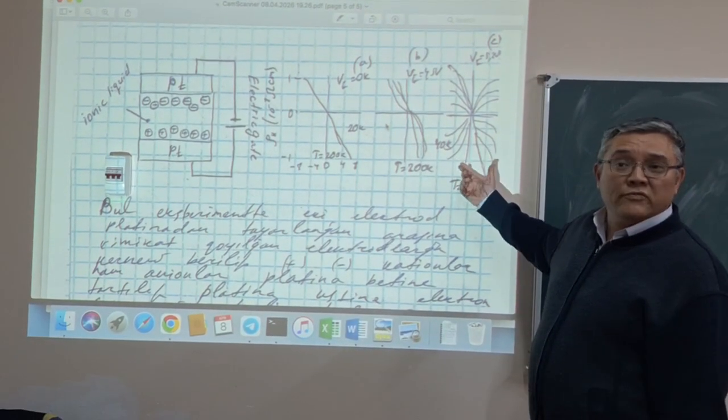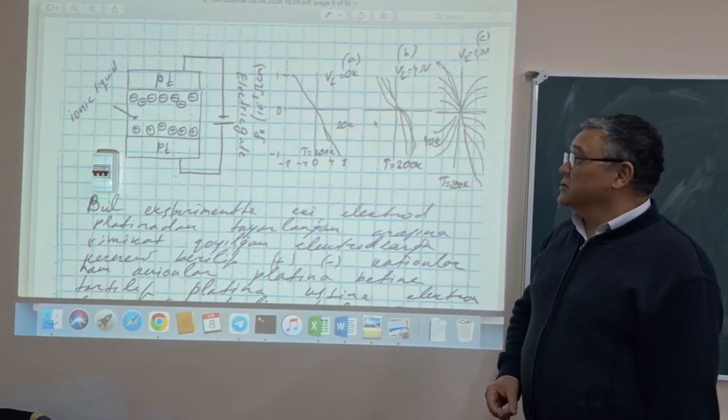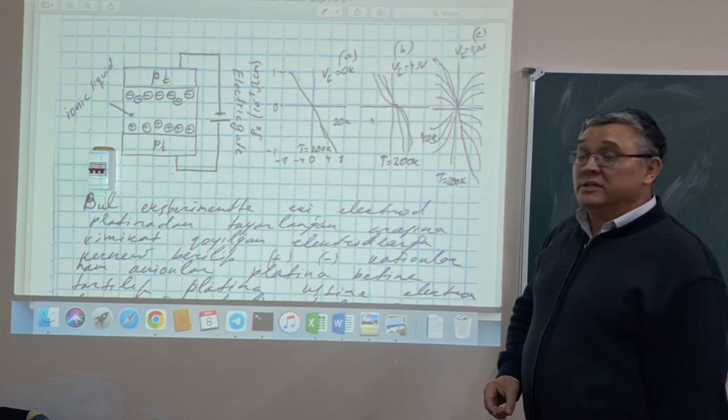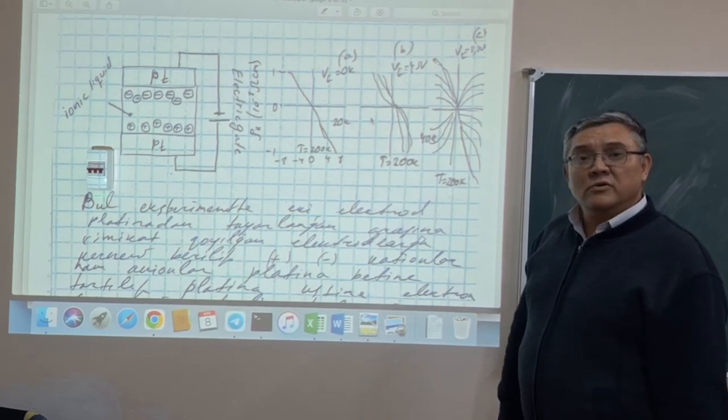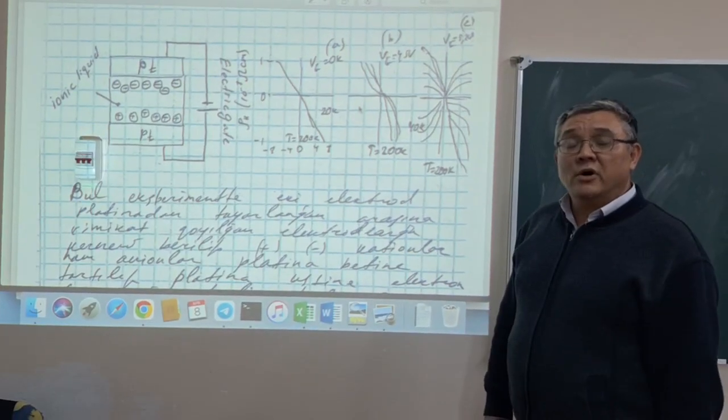This anomalous Hall effect shows that this platinum material has very good magnetic properties. So with this experiment, we conclude our lecture here.